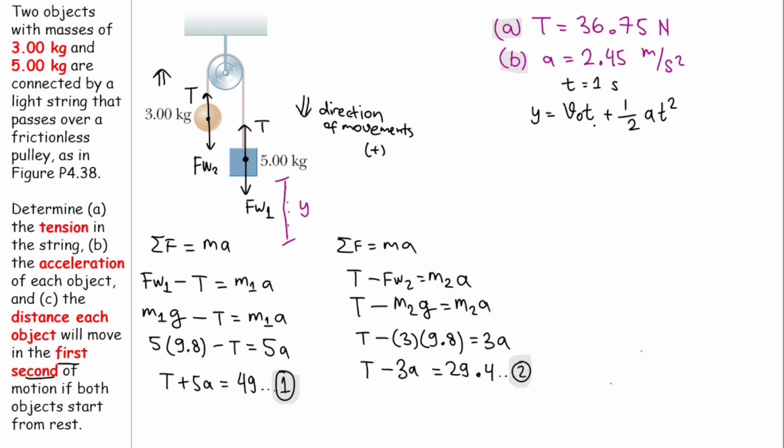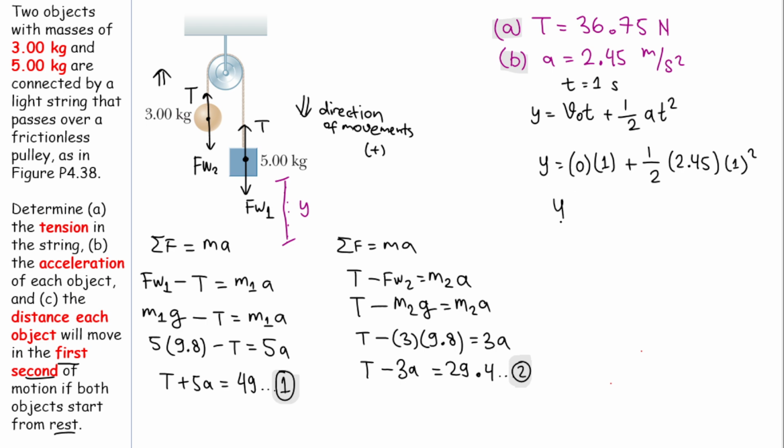Let's plug that into the formula here. y is equal to the initial velocity, and that starts from rest, so the initial velocity is 0. And then t is 1 second. So we'll have 1, and then plus 1/2 multiplied by the acceleration, that will be 2.45, and then time, that will be 1, and also that is squared.